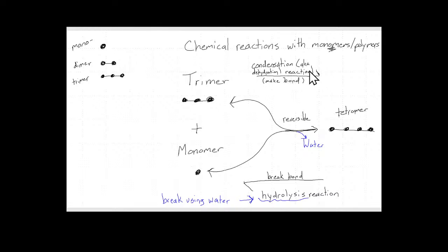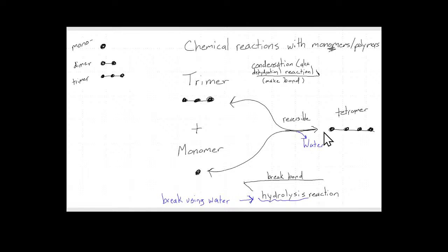When you do a condensation or dehydration reaction, you're removing a hydroxyl group and a hydrogen proton from the beginning 2 things in your reaction, which are called substrates. You pull the water out, and then a covalent bond is formed between the monomer and the trimer, for example.